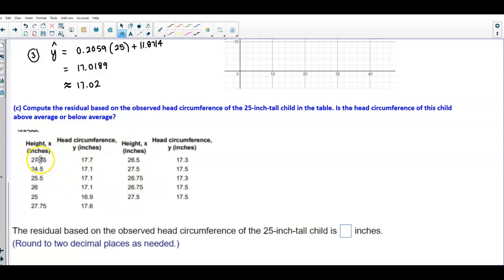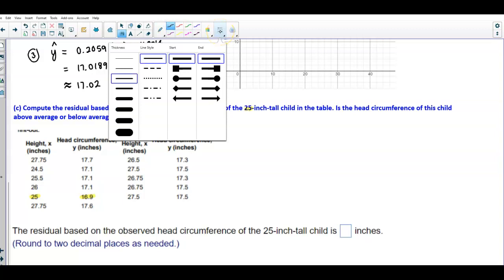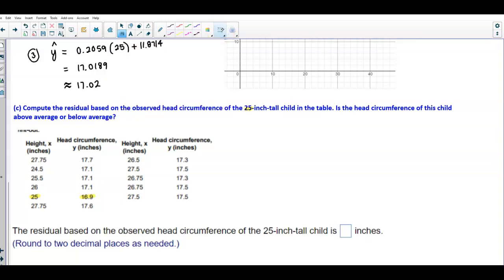So we need to find where x is equal to 25. If we look at where x is equal to 25, it's right there. Now what is the y value? The y value is 16.9. So the observed point we have is 25 and 16.9.